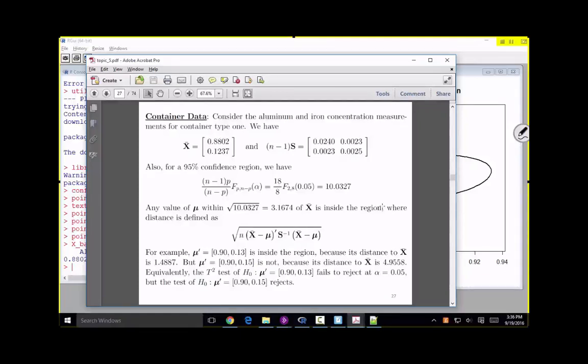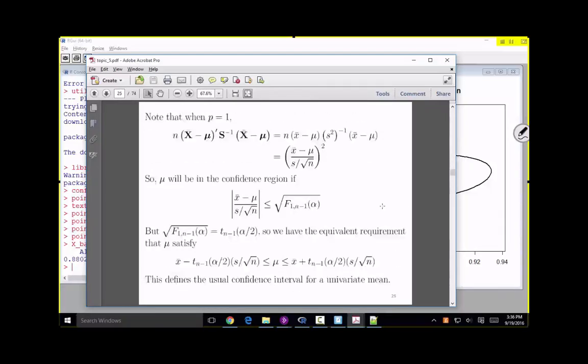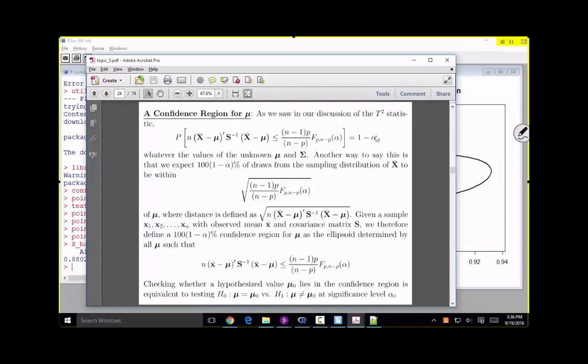T-squared is a statistical distance, and if we assume multivariate normality, the t-squared ends up having this F distribution. So those are the key components. If you want a confidence region for a mean vector mu, you compute the t-squared statistic, and you get critical value or limits for the ellipse from an F distribution.